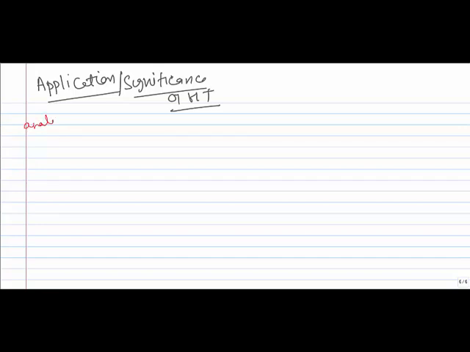Now let us see the application or significance of the Hilbert transform. The Hilbert transform is a very important and useful tool in signal processing, in DSP, right? We will not go into detail, but you must have heard about the analytic signal. I will talk about it more in my next video on the analytic signal.